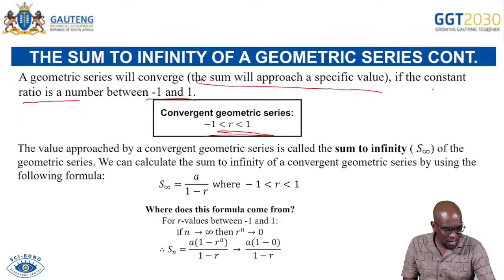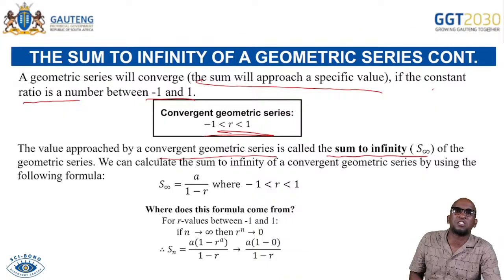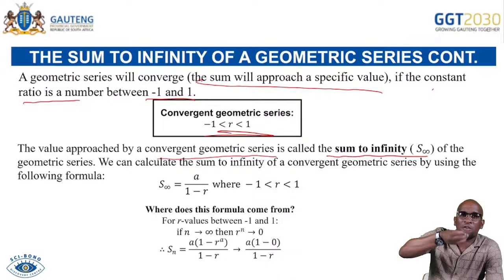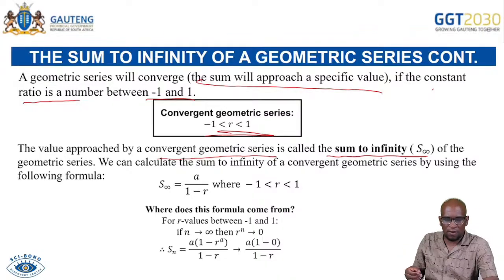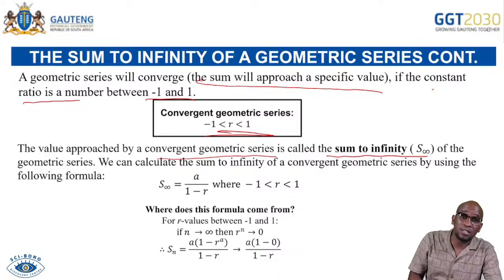Right. The value approached by the convergent series is called the sum to infinity. So whatever value that you get as the convergence value is referred to as the sum to infinity of that particular series.